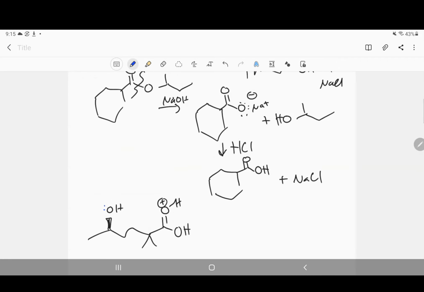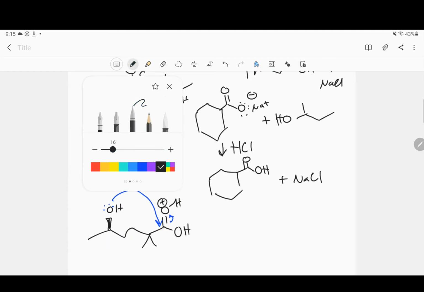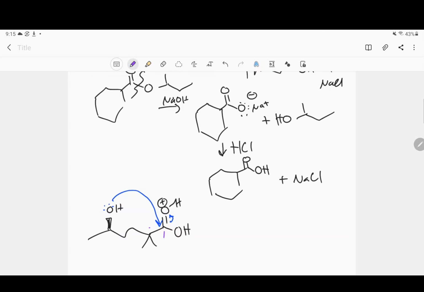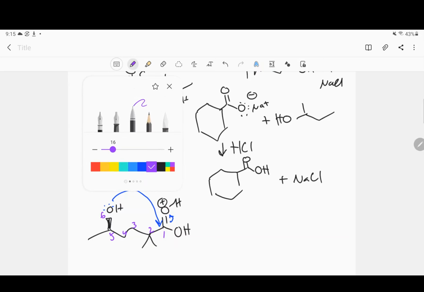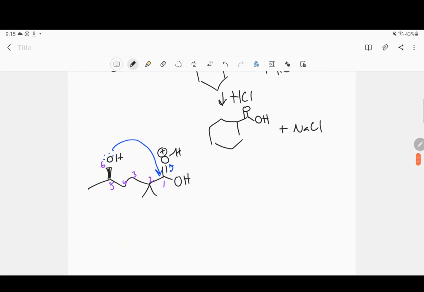What happens is you'll have your alcohol come in, pop open, and we're gonna kick out the OH eventually. You're going to form a 6-membered ring: 1, 2, 3, 4, 5, yeah, 6-membered ring. You're going to end up kicking out the carboxylic acid OH, because that's what's lost in making an ester, right?